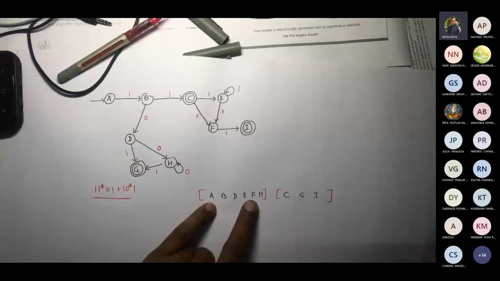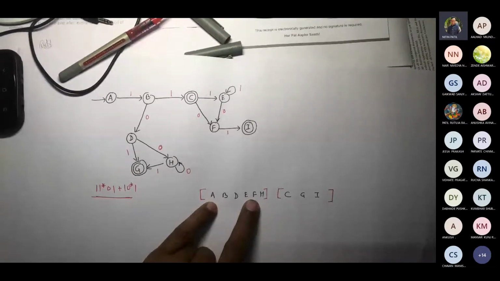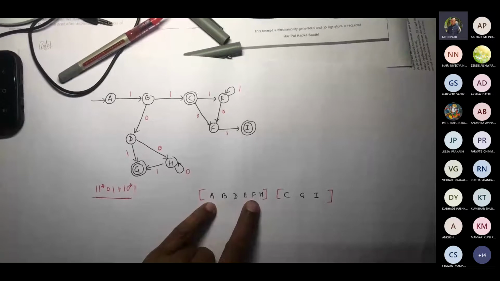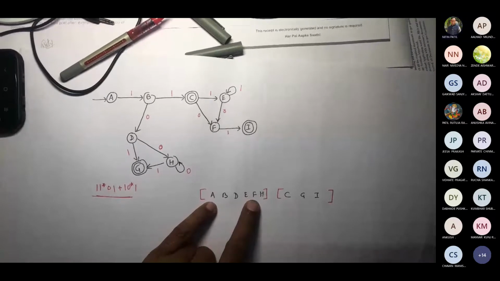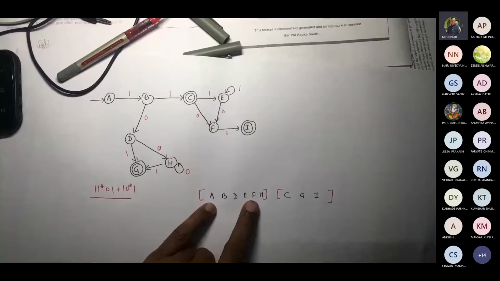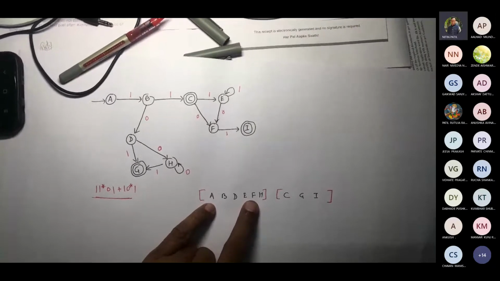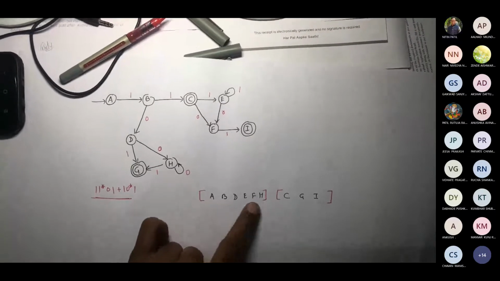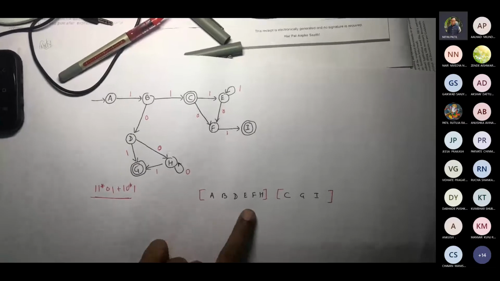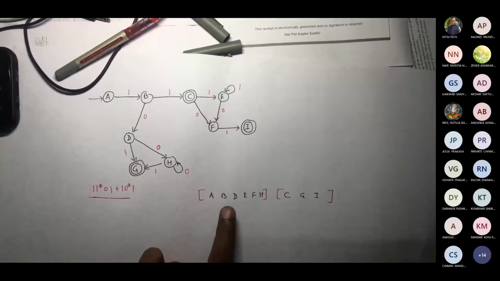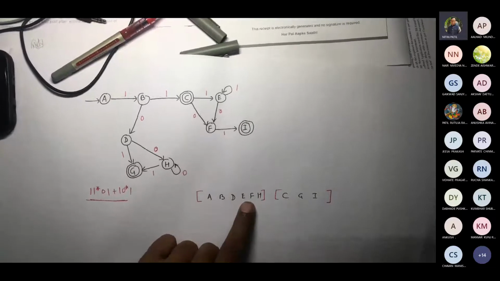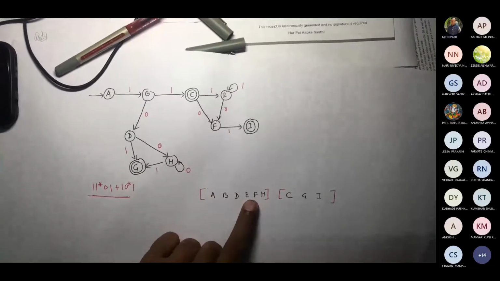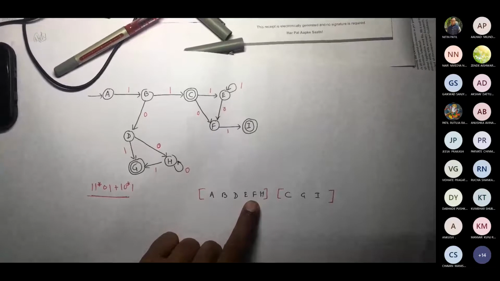All other 4 states have 2 transitions: B has 2, D has 2, E has 2, and H has 2. But for A and F we have only 1 transition, and even it is not pointing to the same state. So each one should be separated now. Why? See, for example, if I take one input for E, it is going to F, correct?